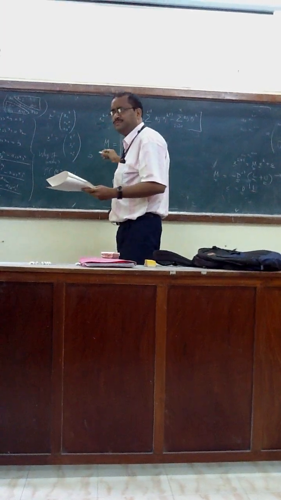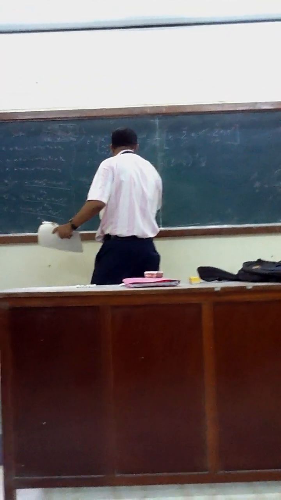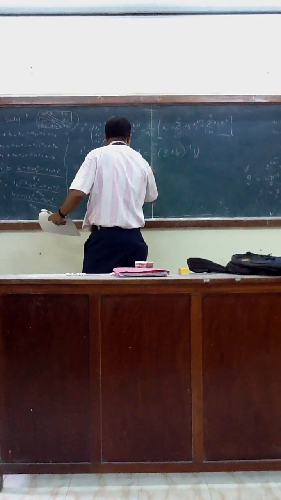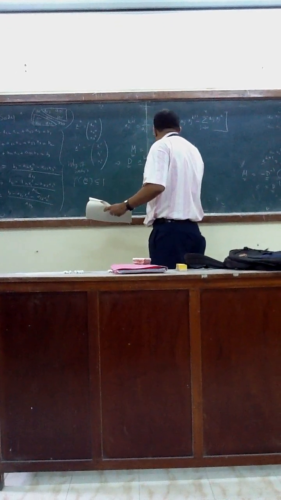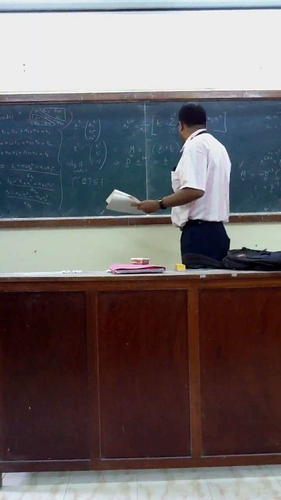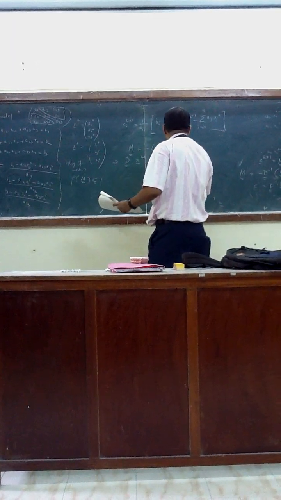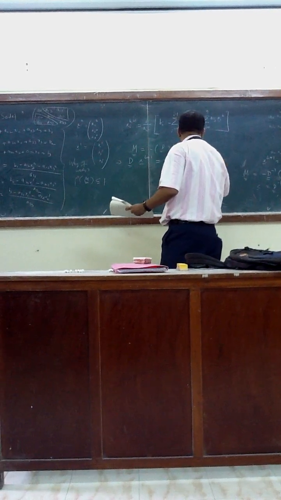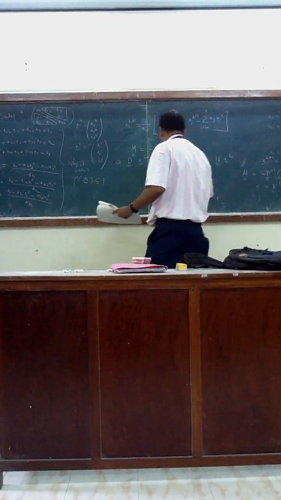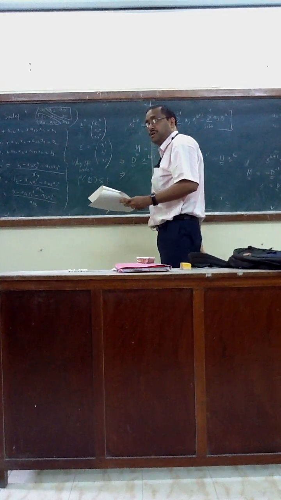Next step is what? D x k plus 1 equals b bar. Don't say b, b bar minus L x k plus 1 minus U x k. Excellent, very good. Next step, tell me, you are doing very correctly.